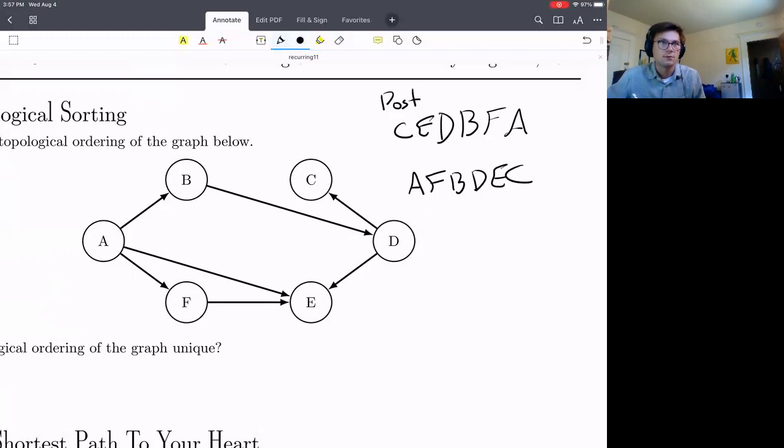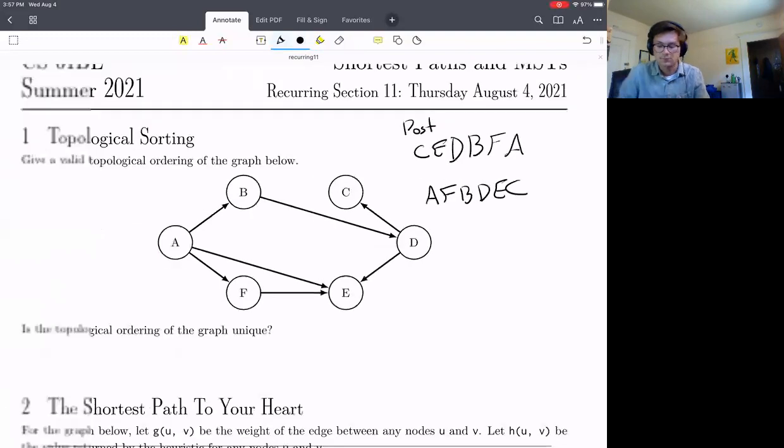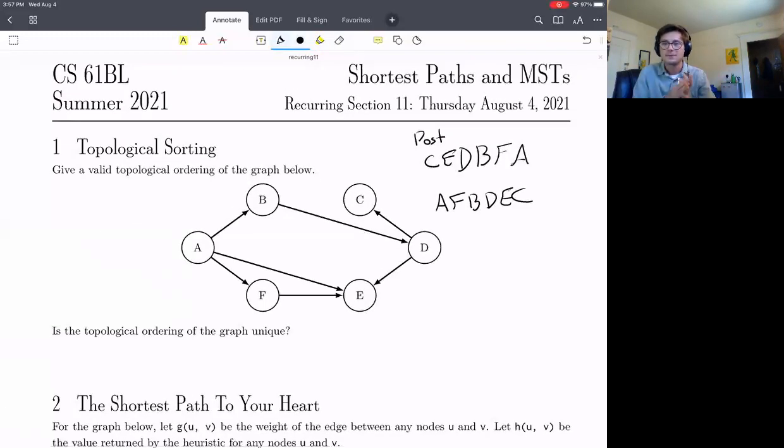You're not allowed to visit a node until you know it no longer has dependencies. That's why we go all the way down to C, which has no children, then we pop C. So in a lot of ways, this is kind of the reverse of what a topological sort is. And that's why you can do this and then just reverse the order and give yourself a topological sort. Okay, I hope that helps. Either way you decide to do it, you can find a topological sort that way.